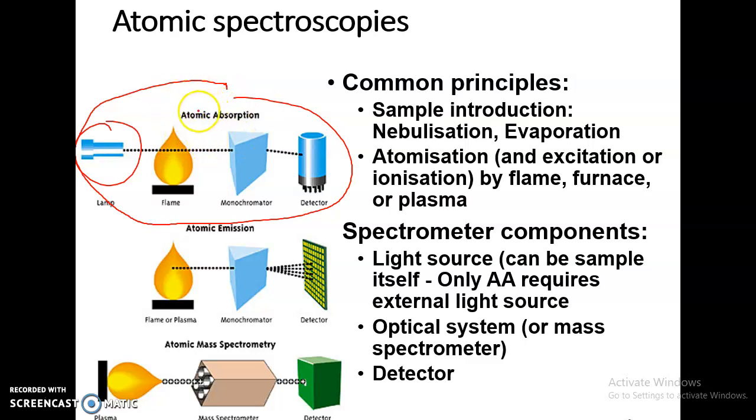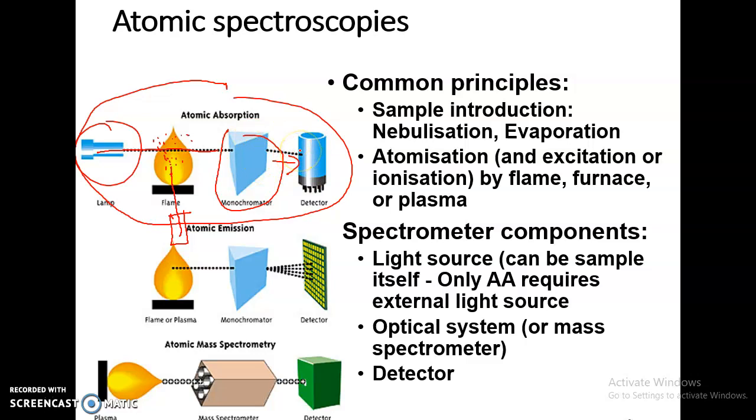But in this photo, where is the sample? It's easy. The sample is actually under the flame. It is siphoned inside the flame so that it will be atomized. Once it is atomized, it will absorb the radiation coming from here. Whatever is not absorbed will be filtered by the monochromator and then go to the detector.